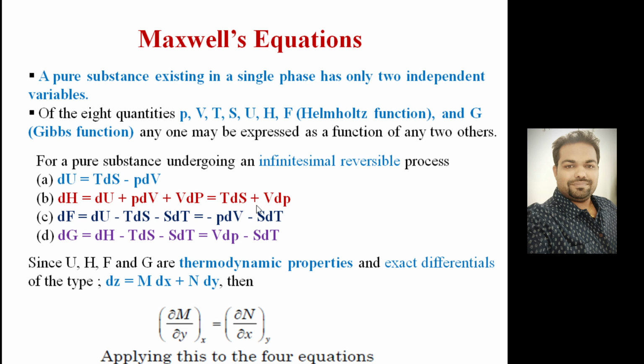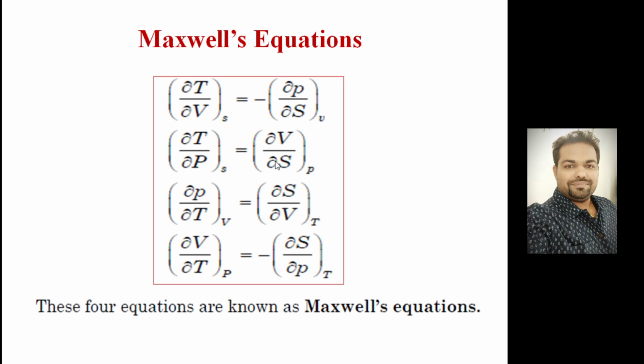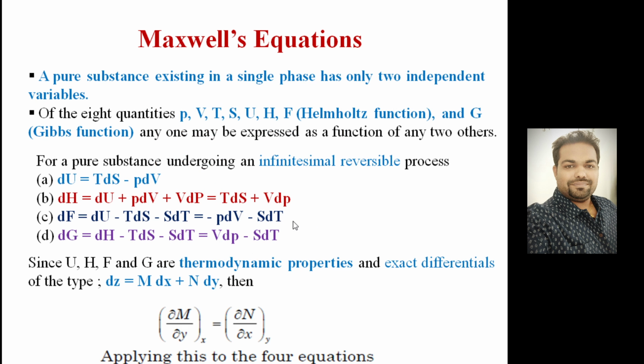And the second equation, if you want to write from here, you can write dou T by dou P at S is equal to dou V by dou S at P. This is the second equation that you got.